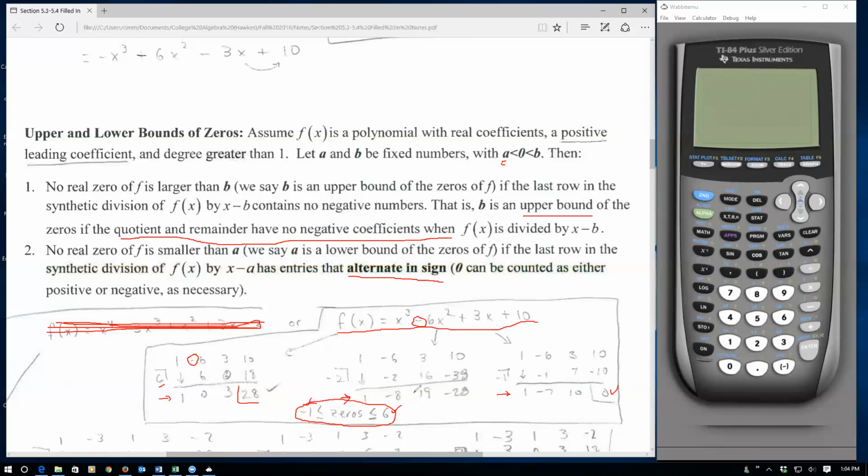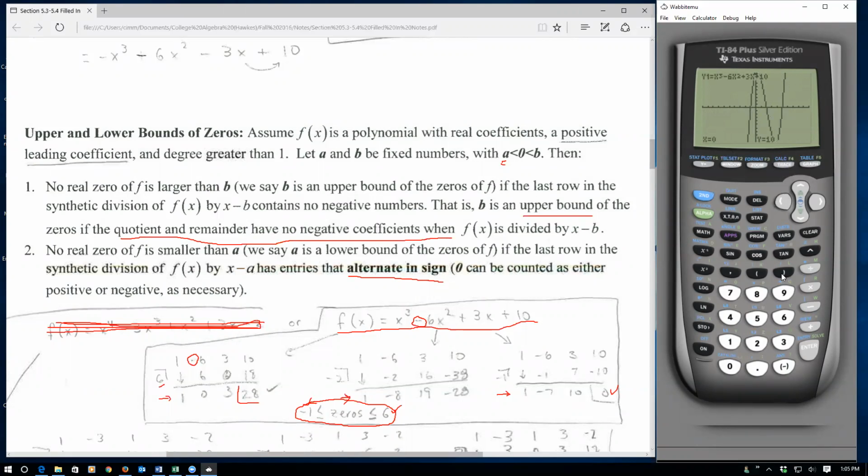Again, this will help us eliminate some of the choices. If I go over here on my calculator, I've already got this typed in from our last video. I'm going to enter that in and graph it. You can see again that you do have all these zeros within that bound. 6 will be over here, and -1 will be, of course, where that 0 is.